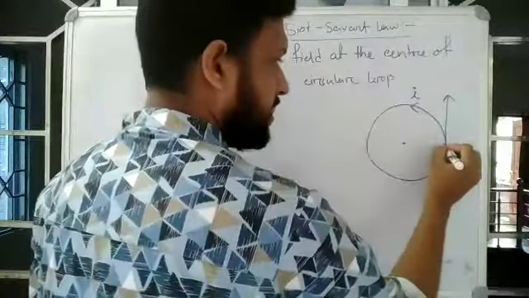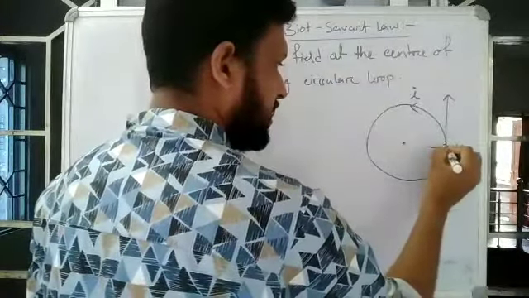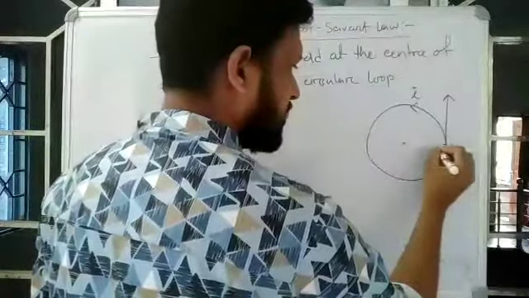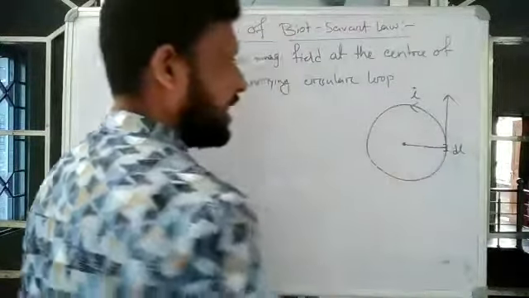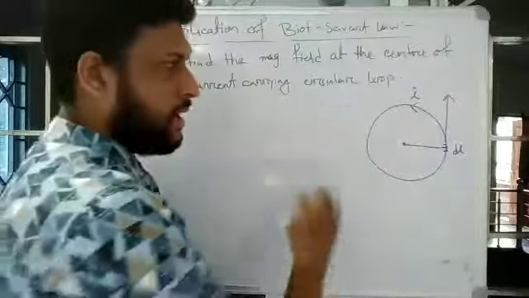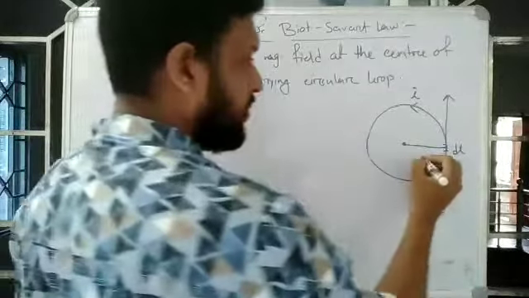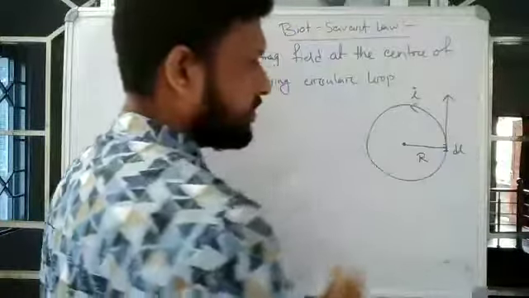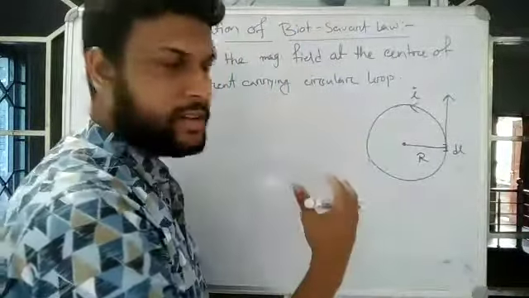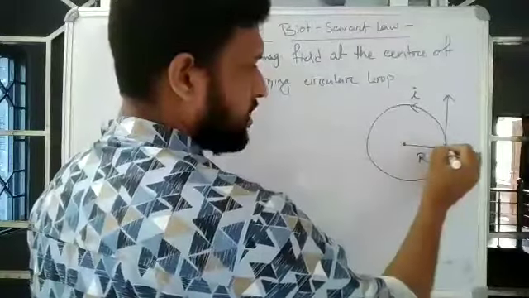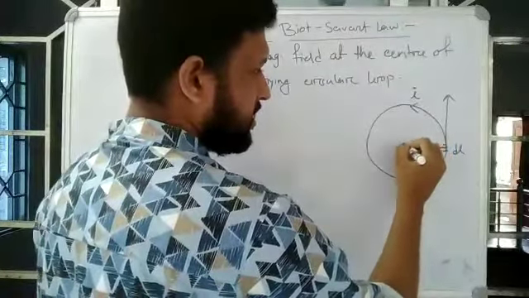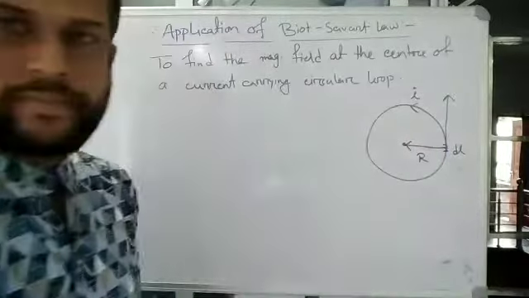This tangent is the direction of the dl vector, and this is the point of consideration, and this is the distance of the point from the line element. According to the figure, this is obviously the radius of the circular ring, and the direction of this distance vector is towards the point.